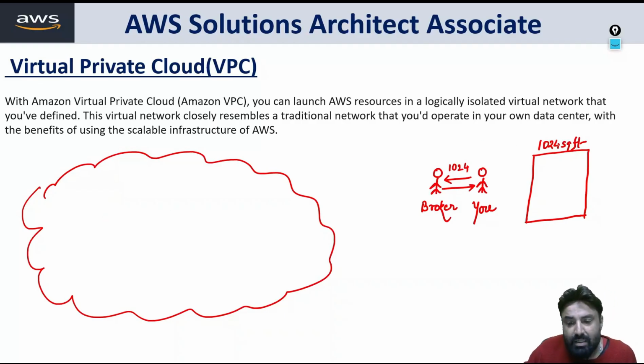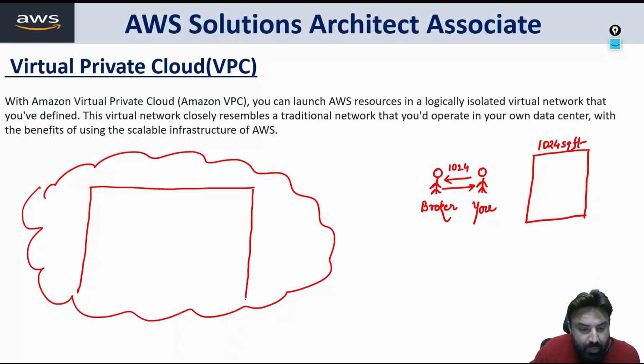Unfortunately, that land space is not in square feet, not in square meters. The land space in cloud is in CIDR. So when you create a land in a cloud space, you have to specify the size. Like in the physical world you specify the size in meters and feet, similarly you have to specify the size of land in the cloud, and that land size is not in square feet or meters, it is in CIDR.